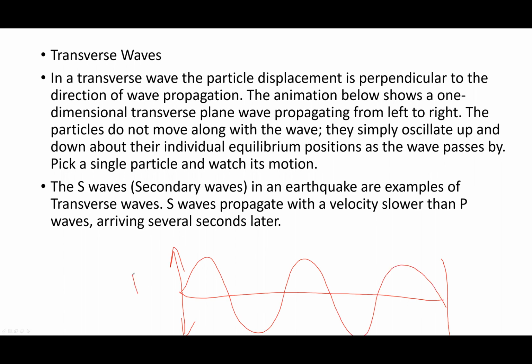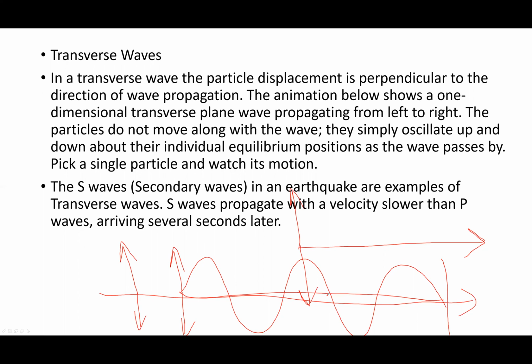The particle motion is upward and downward, but the disturbance is transferred in this direction. So the direction of propagation of the wave is this one. The particle is vibrating in the upward or downward direction. This type of wave is called a transverse wave.